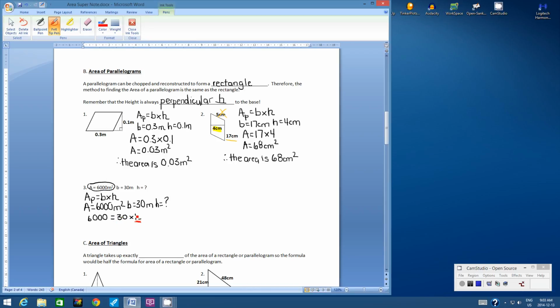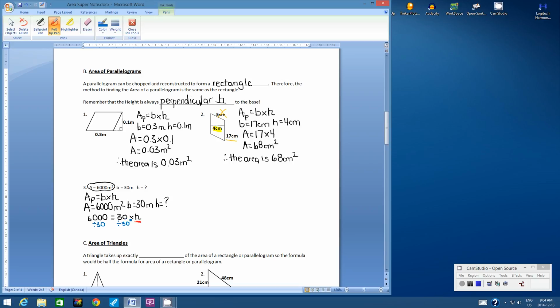So what's in the way of h being alone? Well, what's in the way is times by 30. So how do we get rid of times by 30? Well, we do the opposite operation. So if we want to get rid of times by 30, we have to divide by 30. And whatever we do on the right-hand side, we have to do on the left-hand side. So this is the step where we're using algebra and solving equations.